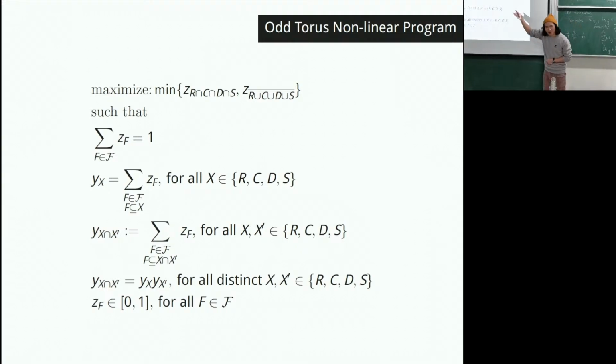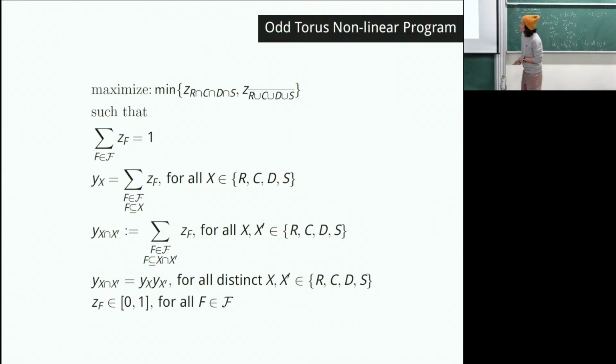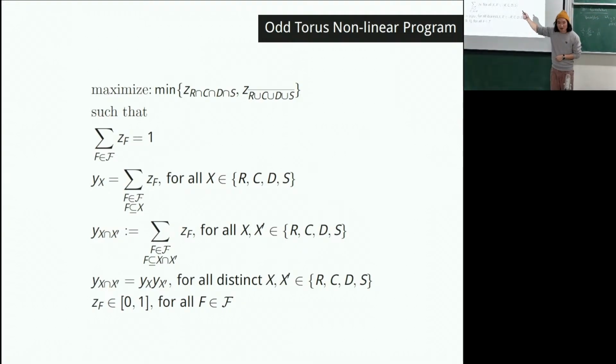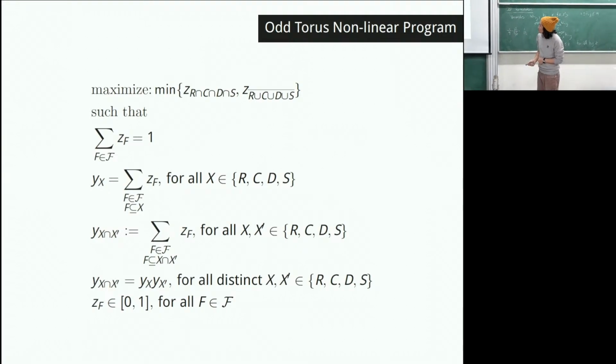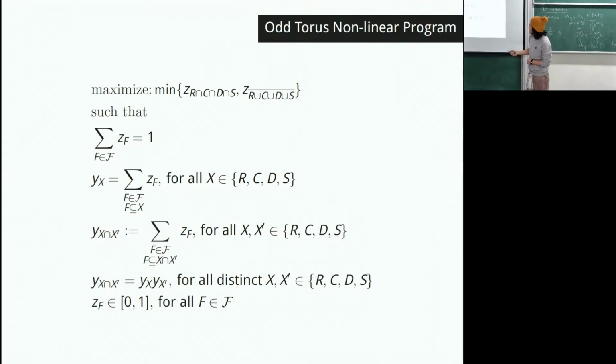The first variable represents the number of white queens. The second variable represents where you can place the black queens. Then there are simple constraints: the sum of the Z's had better add up to 1, because they are fractions of squares. Then we have some normal constraints that don't really say anything.